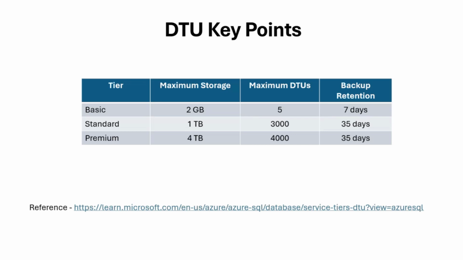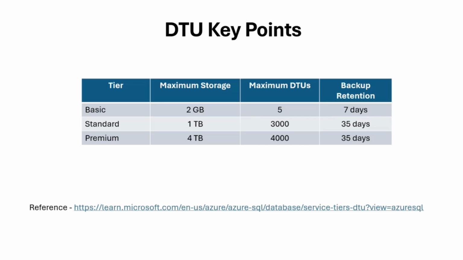It's a mixture of CPU, memory, and IO, which is called one unit, and this unit is called a database transaction unit. So you don't get to choose individually. If you want to improve or increase CPU or memory or IO or all three, then you have to increase the number of DTUs you're allocating to your Azure SQL resource.